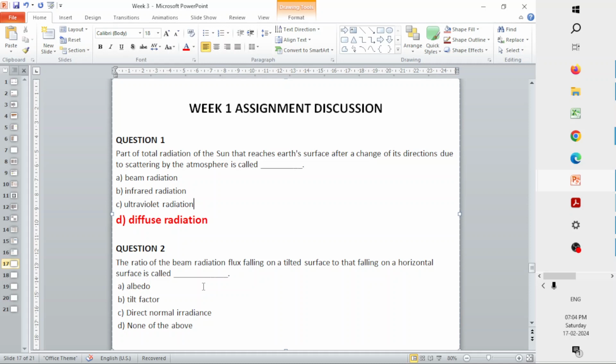So the ratio of I_bn and I_b, if you remember, is nothing but your tilt factor.